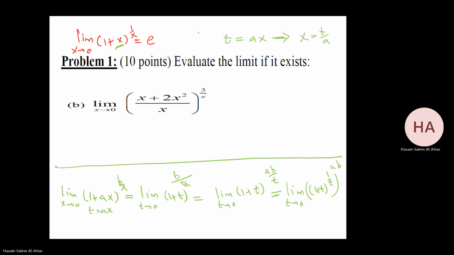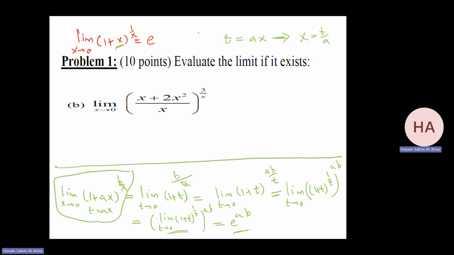Now I can distribute the limit. I take the limit inside, since the exponent is a continuous function, over ab. And this is my e. So that will be e to the ab. So this expression is the same as e to the power a times b.